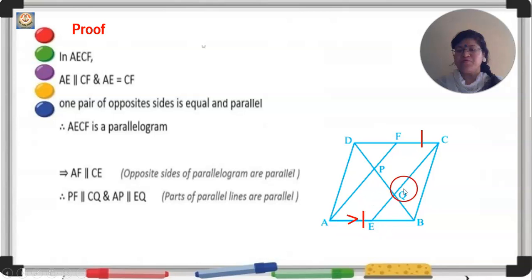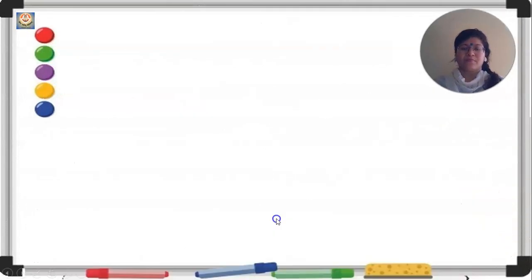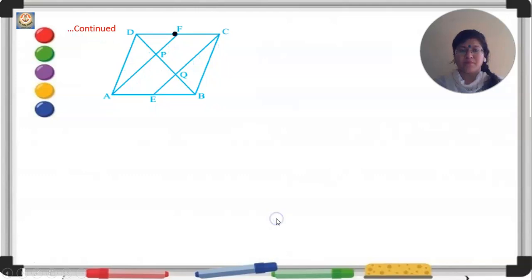So after having proved AECF is a parallelogram, you make a note that AF is parallel to EC. And if AF is parallel to EC, their parts will be parallel to each other. Therefore, AP parallel to EQ and PF parallel to QC. Okay, now F is a midpoint of DC.